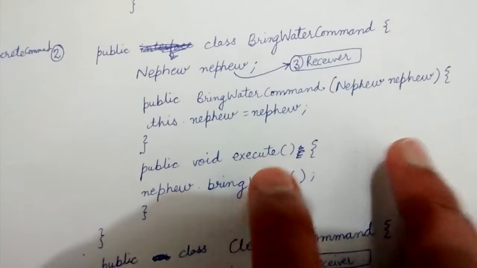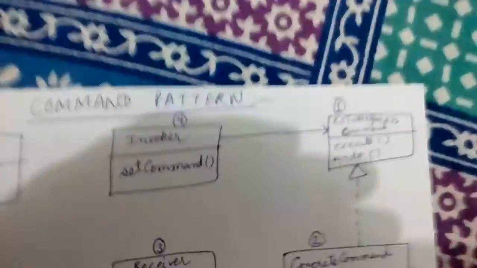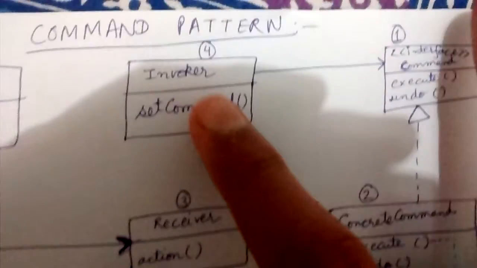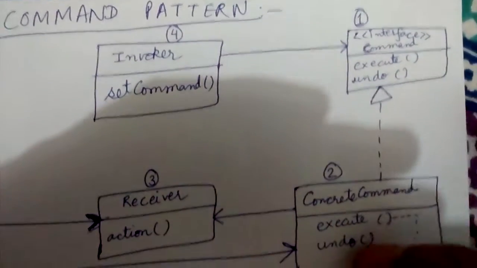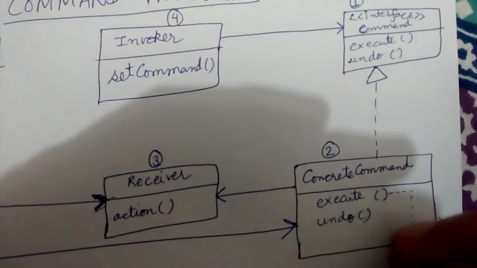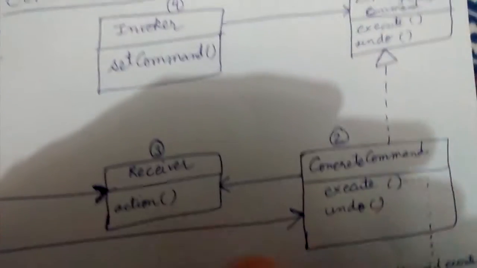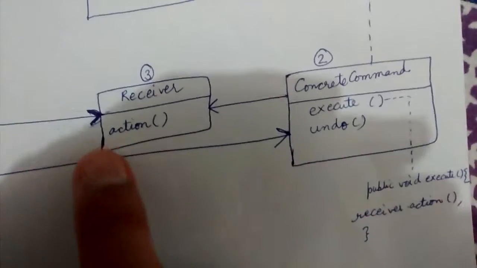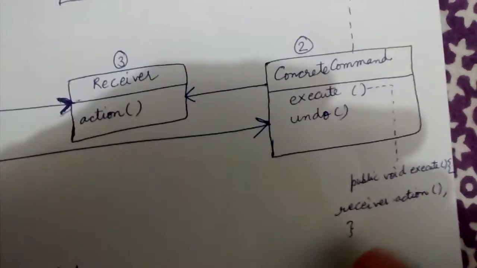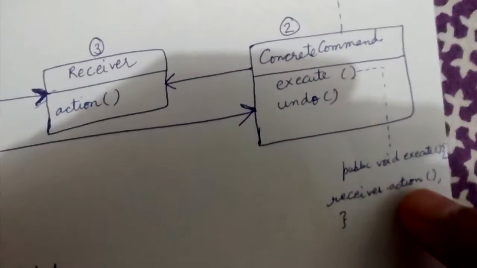If we look back at the class diagram, the invoker will call the execute method on this command, which is implemented by one of the concrete commands here, and that concrete command's execute method will in turn call this action method on the receiver. So the execute method's body is receiver.action.